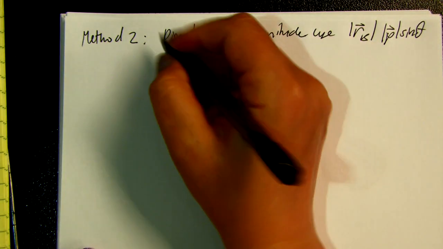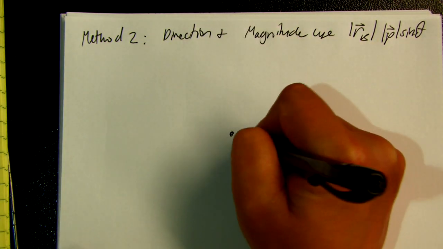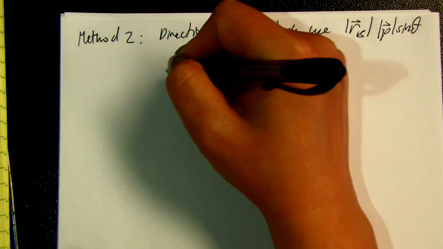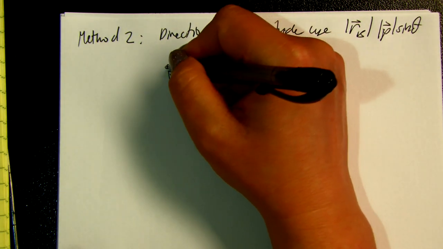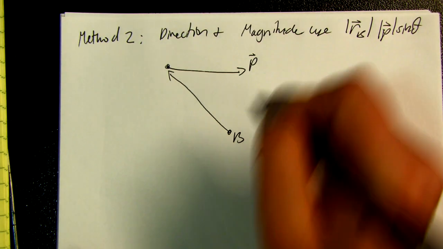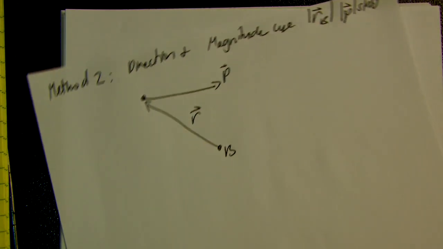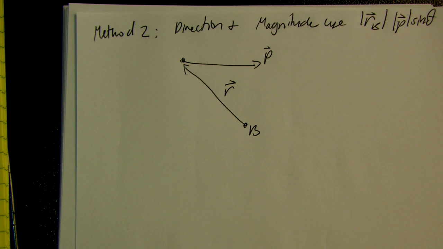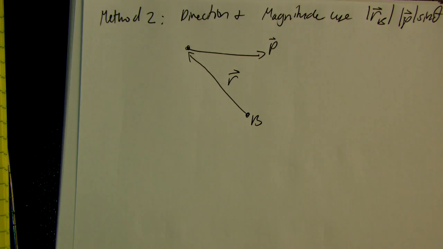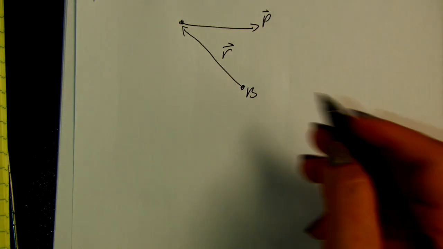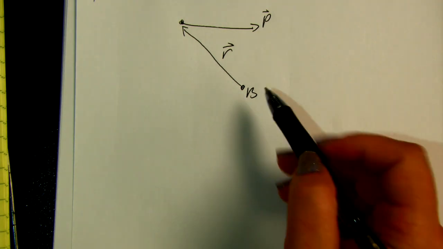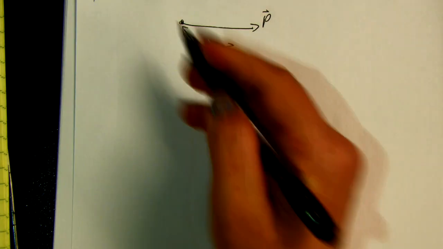Okay, so that's our setup. Now, in order to do this type of cross product, we're going to want to move this tail to tail. So essentially you're moving this vector up.